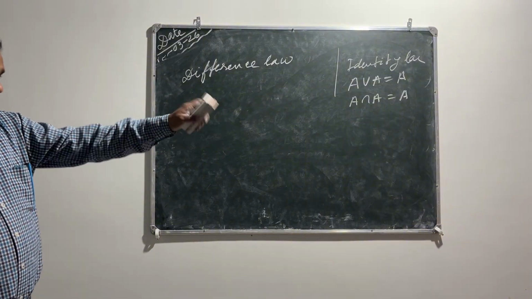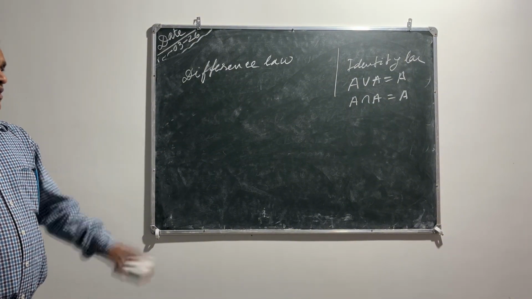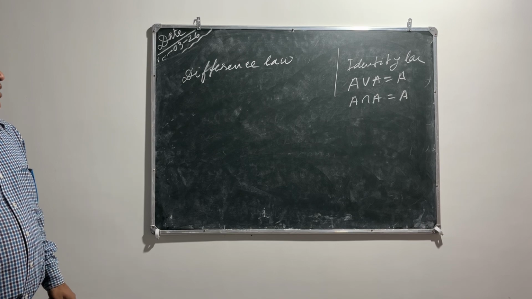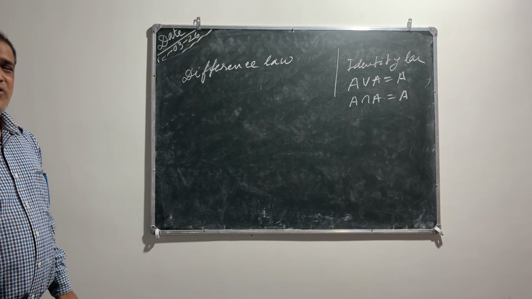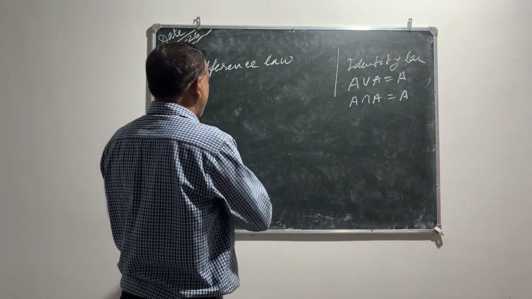That one is very easy, so you can remember: A union A equal to A and again A intersection A also A. Now what is called the difference law?